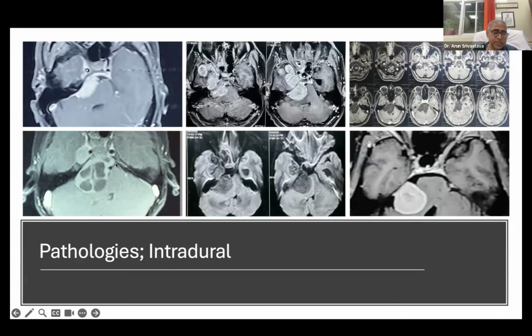And this is a very interesting case of a 12-year-old child that turned out to be a clear cell meningioma. And the tentorial incisural meningioma. So these are very curable lesions present in this area, except for the fungal mass.